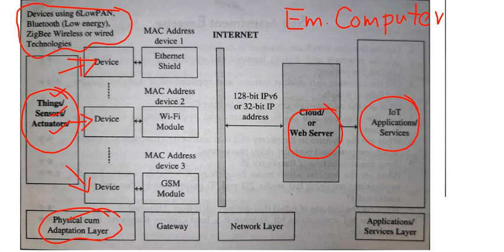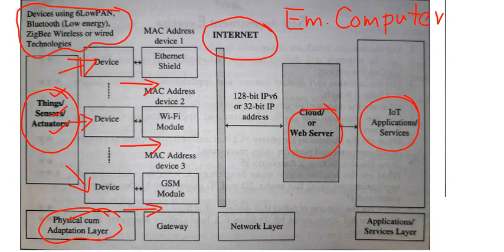So when I speak about the devices, you know that there are provisions for you to have the Ethernet connectivity, there are provisions for you to have the Bluetooth connectivity, there are provisions for you to have the Wi-Fi connectivity, and accordingly making use of any one of these or multiple depending upon the requirement, right?